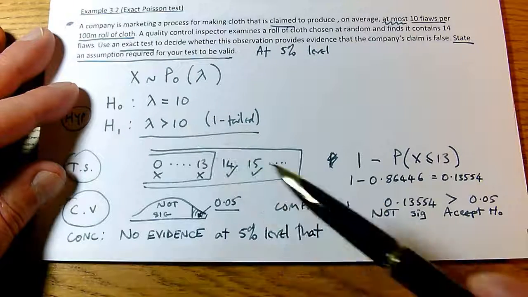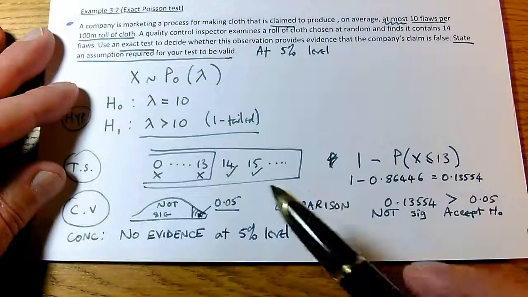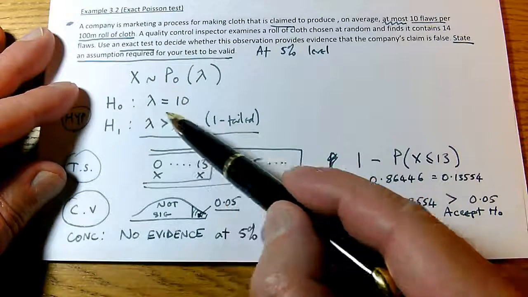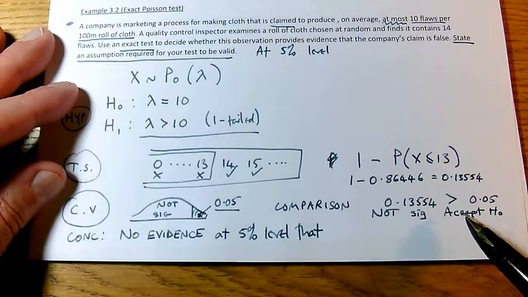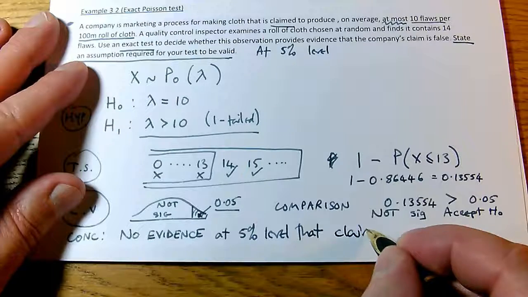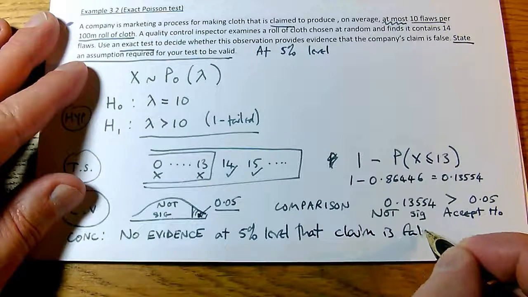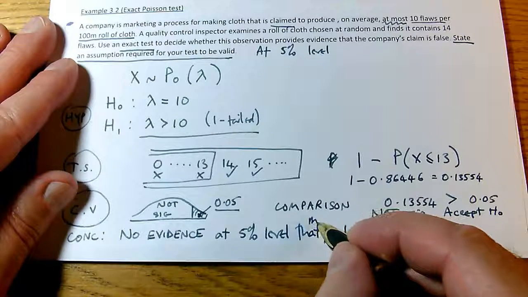I have not got evidence for that claim or against that claim. Well, the claim was the null hypothesis. If I believe that lambda is 10, I'm believing the claim. I'm accepting that, so there's no evidence that the claim is false.